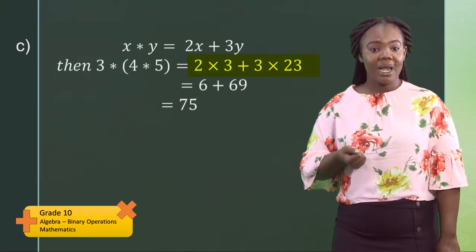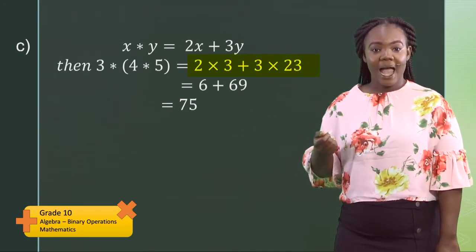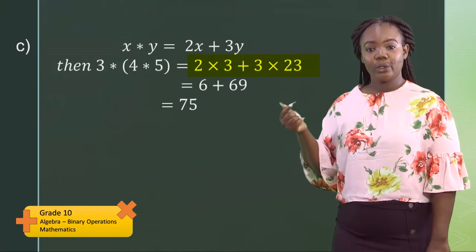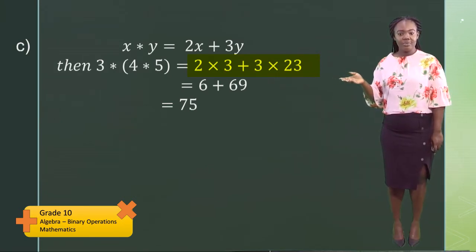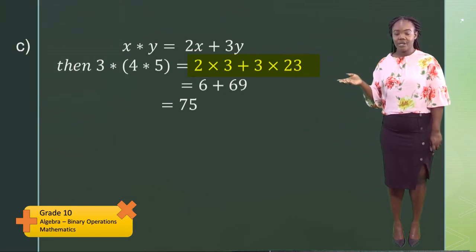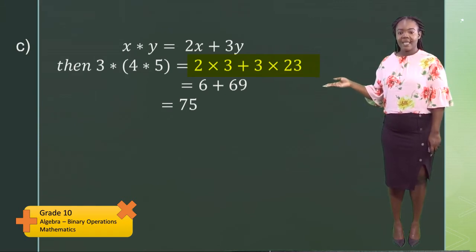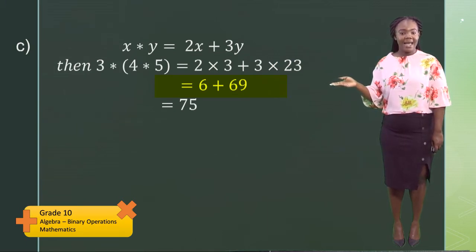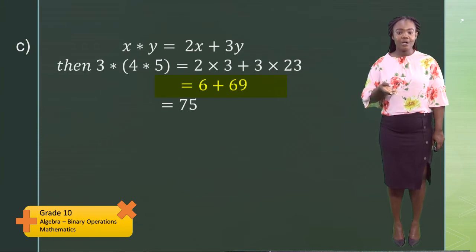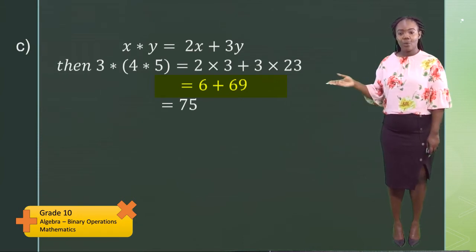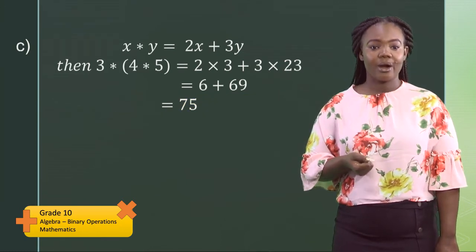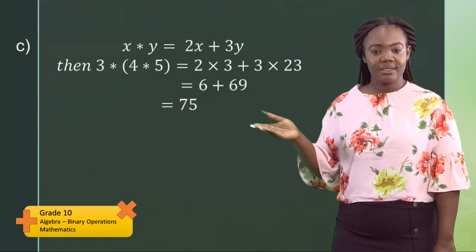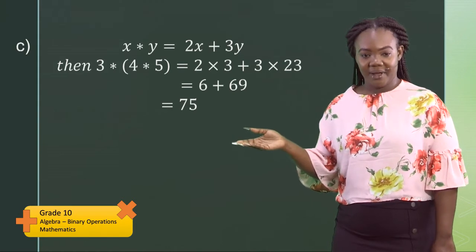So now we multiply 2 by 3 and we multiply 3 by 23. When we simplify 2 times 3 plus 3 times 23, we end up with 6 plus 69. When we perform the addition, our answer is now 75. So we can say that 3 star 4 star 5 will give us 75.